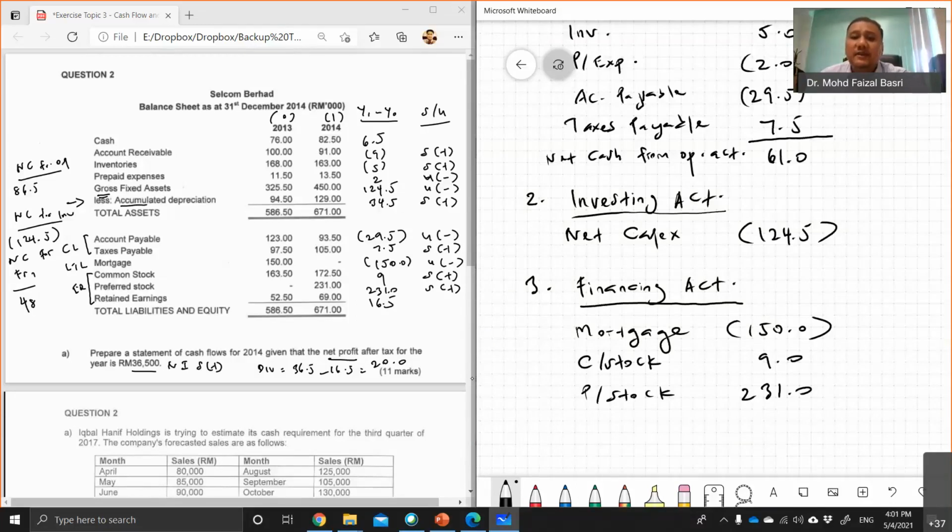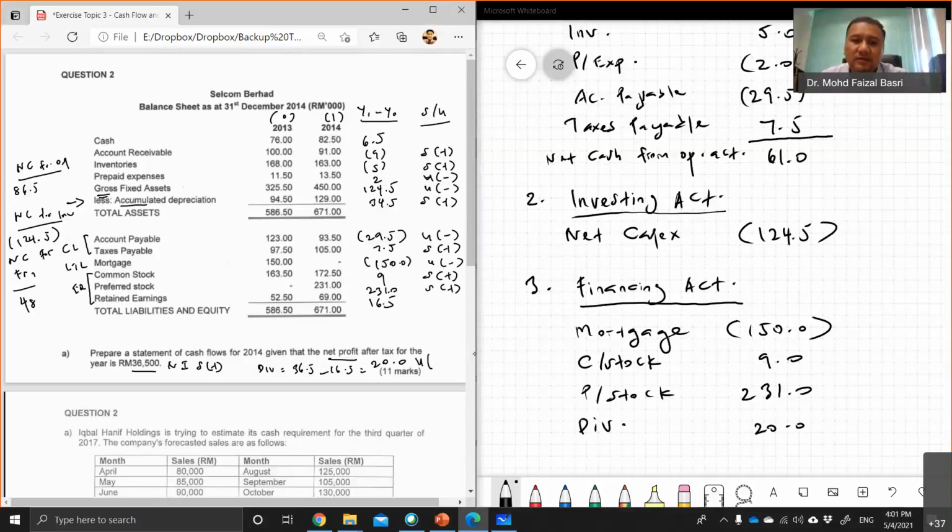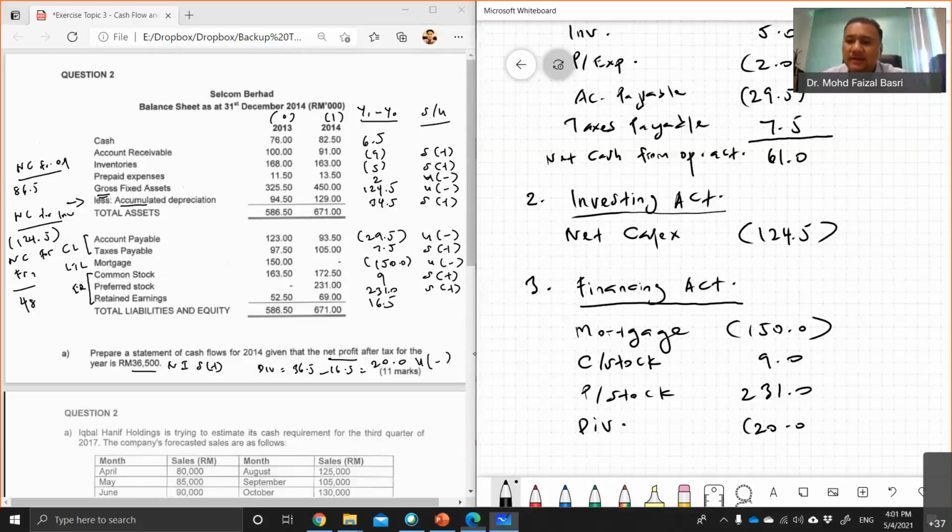And finally, don't forget the dividend. Our dividend earlier is 20. But remember, dividend is part of uses. This is always uses, U. So when it's U, we have to minus. So don't forget to put a negative sign here.